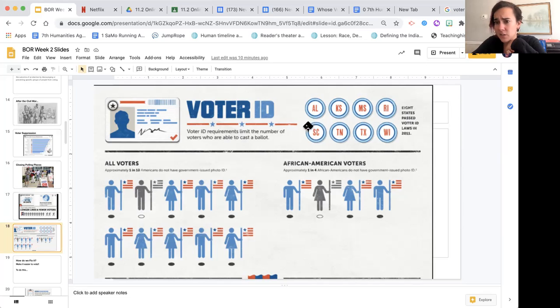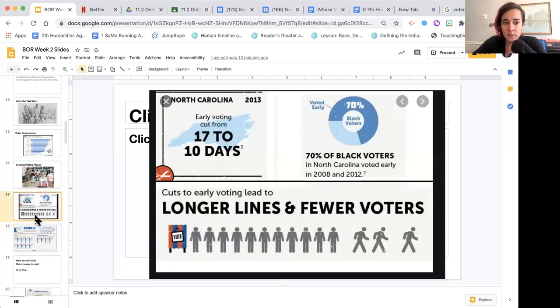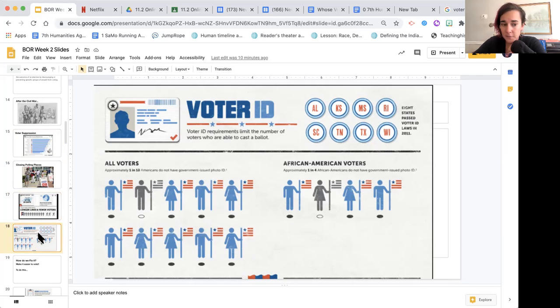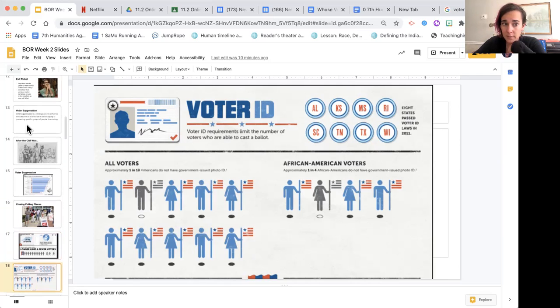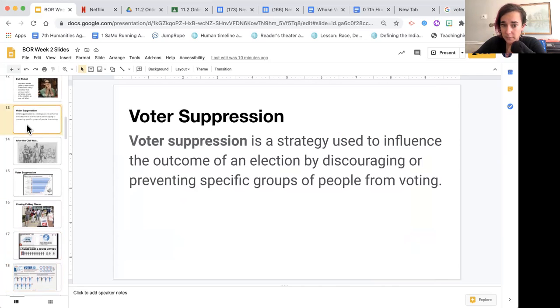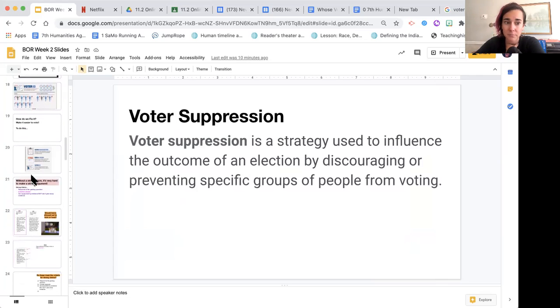In New York, these laws aren't on the books, but in many other states they are. So all of these things make it harder for people to vote, especially some groups of people. That's why they're examples of voter suppression. And that's why they're a problem for people who believe that everyone should have the opportunity to vote and voting shouldn't be too hard for people.